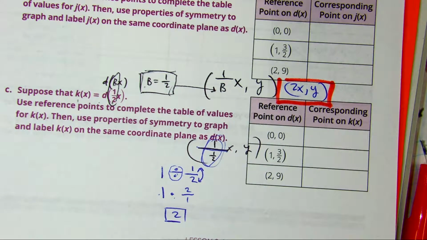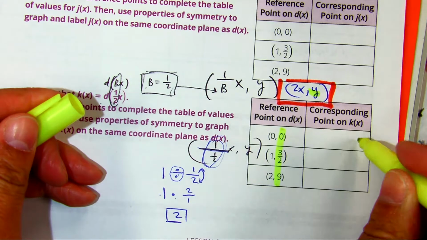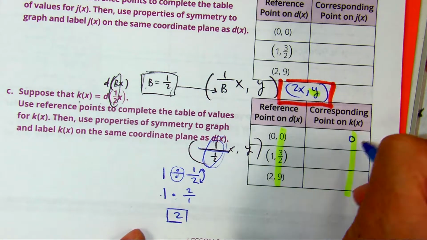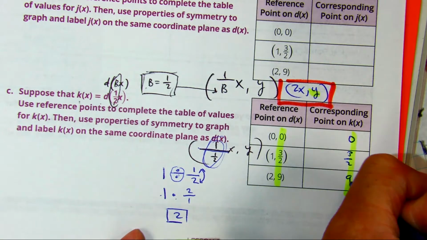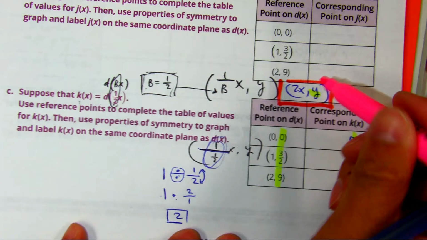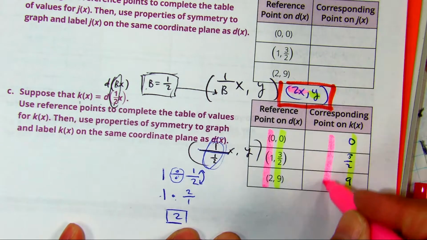So in today's lesson, you'll notice that the y values are going to be the same. But the x values, we're going to have to multiply by 2.